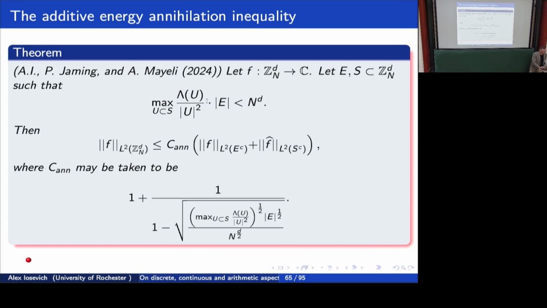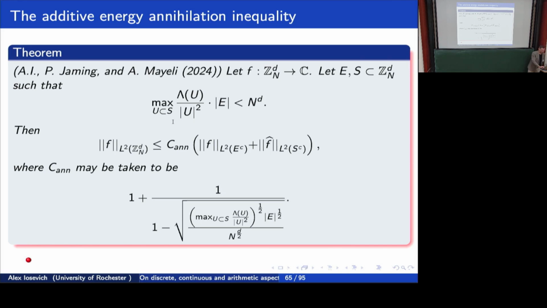Here the assumption that we make is, instead of assuming that the size of E times the size of S is less than n to the d, we assume that the maximum over subsets U of S of the energy of U over the size of U squared, times the size of E, is less than n to the d. That first term is never larger than the size of S. Therefore, this can only improve the classical condition.